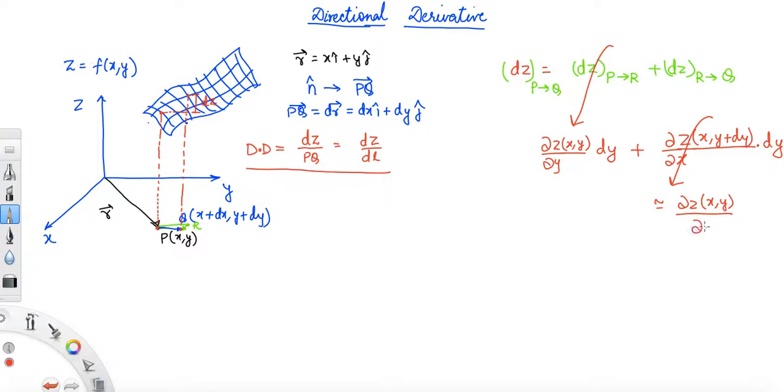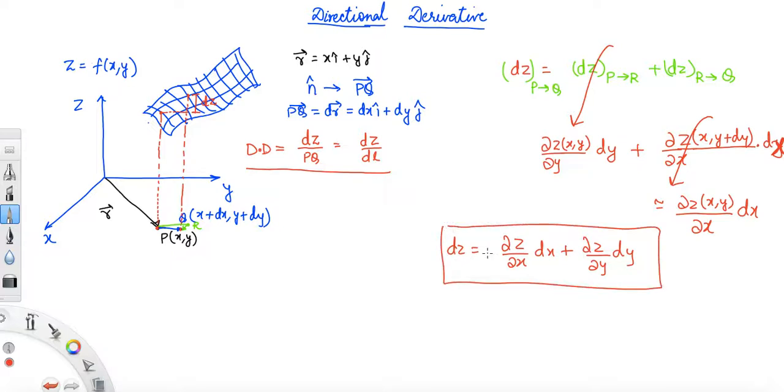So we can write dz is equal to del z over del x times dx plus del z over del y times dy. This is really an important equation in multivariate calculus, and we have proved this.